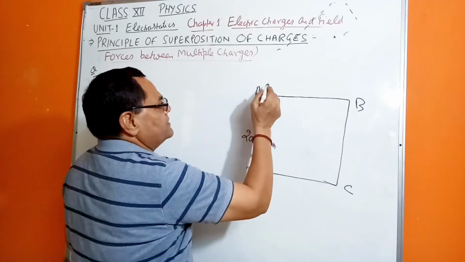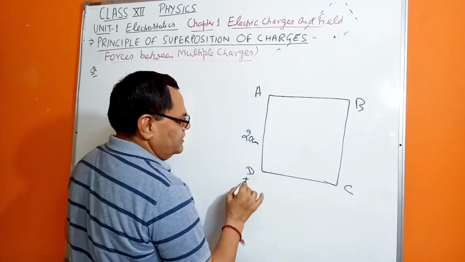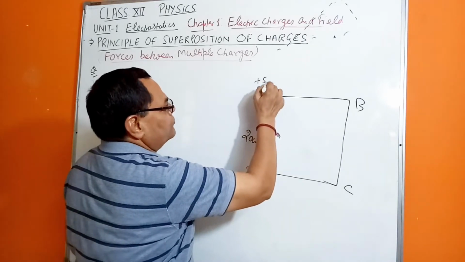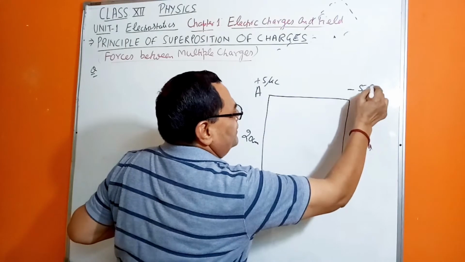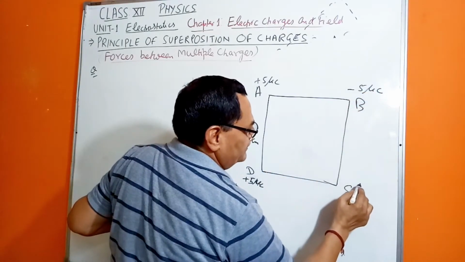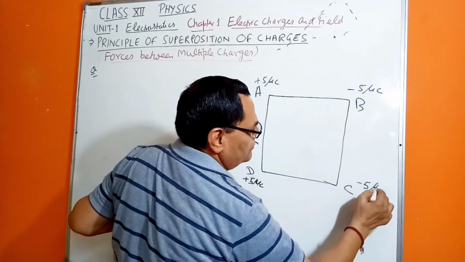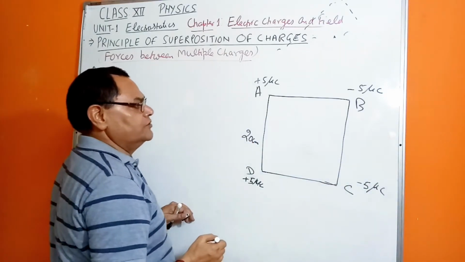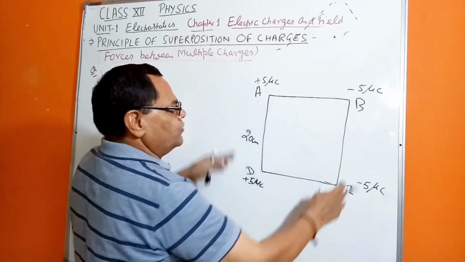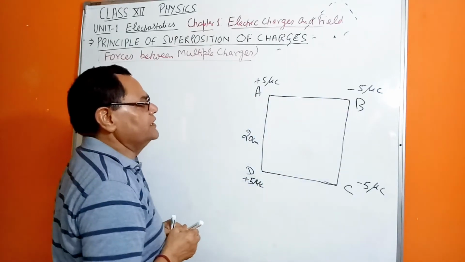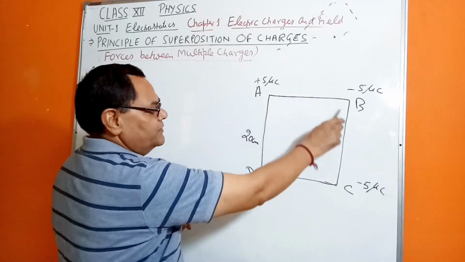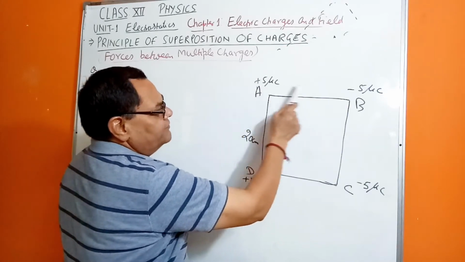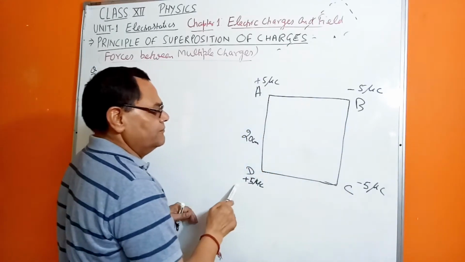Now let's say some plus 5 microcoulomb charge is here, plus 5 microcoulomb charge is here, minus 5 microcoulomb charge is here, and again minus 5 microcoulomb charge at C. The question says there is a square ABCD of side 20 centimeter with the charges placed on the 4 vertices like this, that is plus 5, minus 5, minus 5 and plus 5.